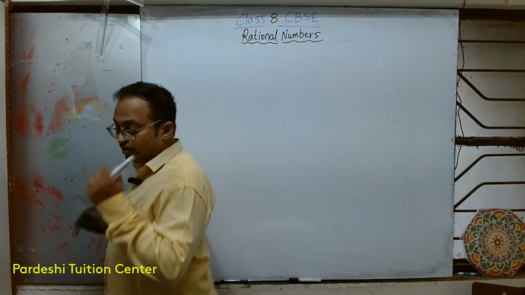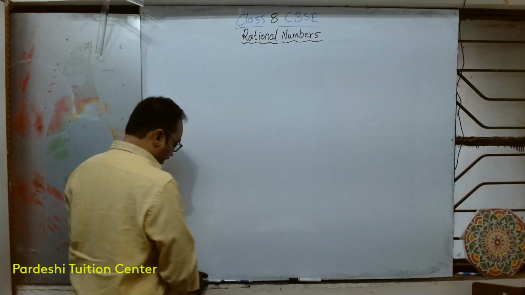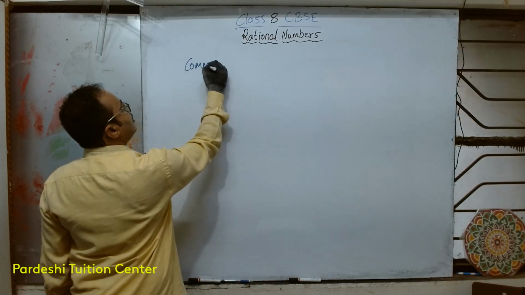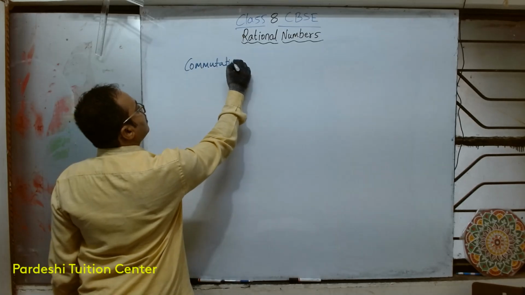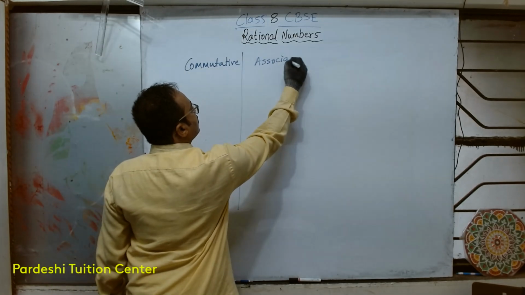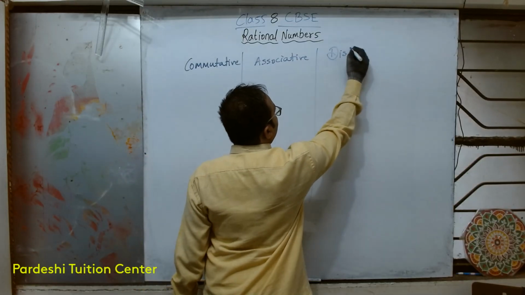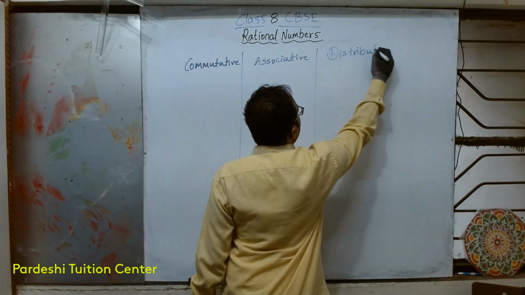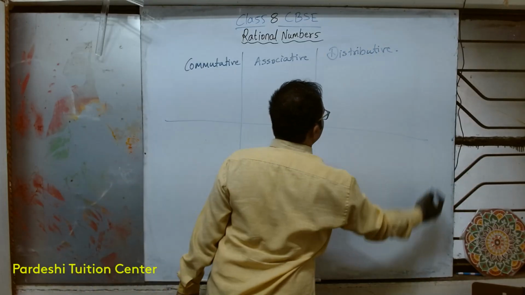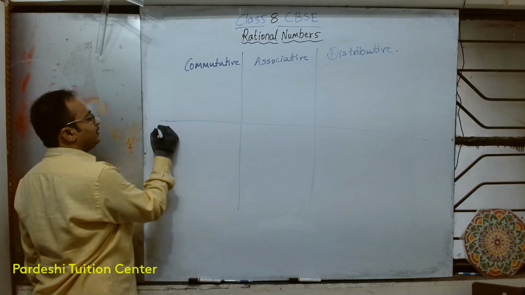Rational numbers hold many properties, but there are three main properties that we have to learn today. The three properties are commutative, associative, distributive. There are some more properties, let us say additive identity, additive inverse.